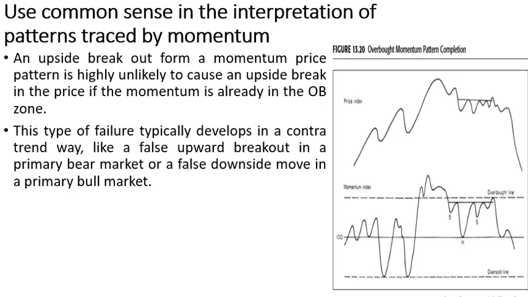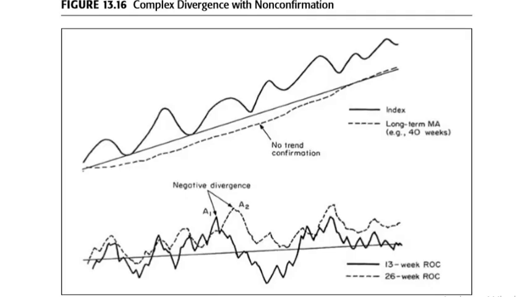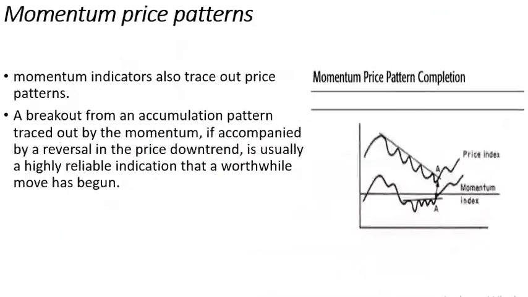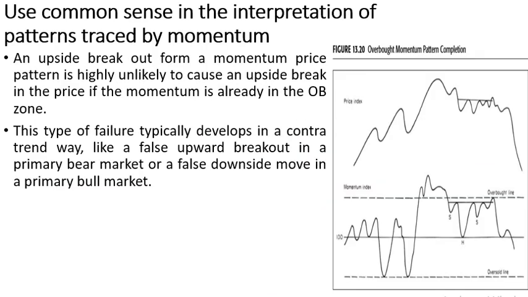These kinds of failures usually occur in a contra-trend manner, same as we discussed earlier in price divergence: the indicator is shooting up but the price isn't able to keep up with the indicator, and the indicator is tracing out bullish patterns, but the price isn't able to keep up, and it's only going to end in tears.